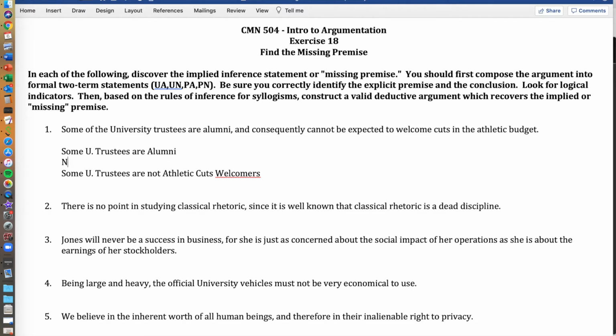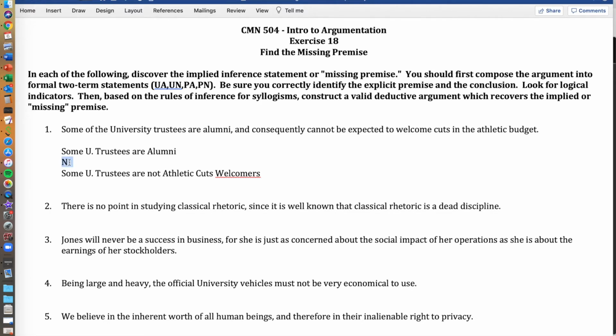Then we look to the middle term, and the middle term here is alumni. We know that because it is not in the conclusion. And alumni here is not distributed because it is predicate of an affirmative statement, which means when it reappears in the missing premise, it must be distributed, because the middle term rule is middle terms must be distributed once and only once.